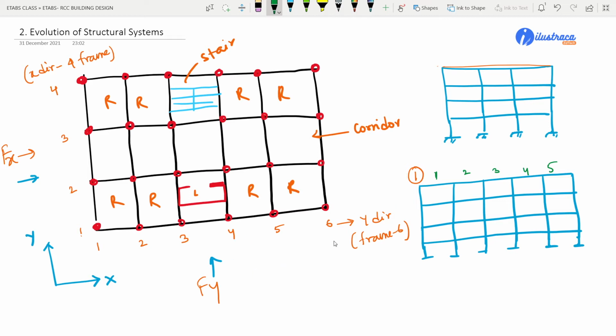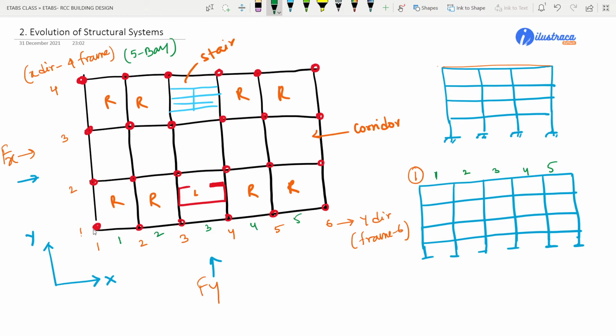So the number of bays along the x direction is 5, right?